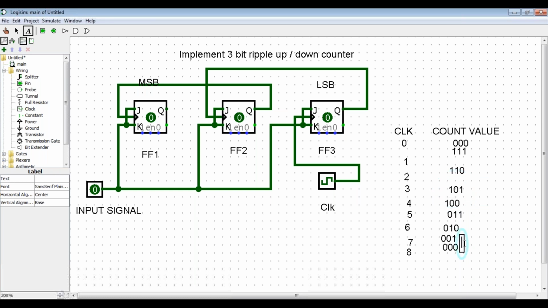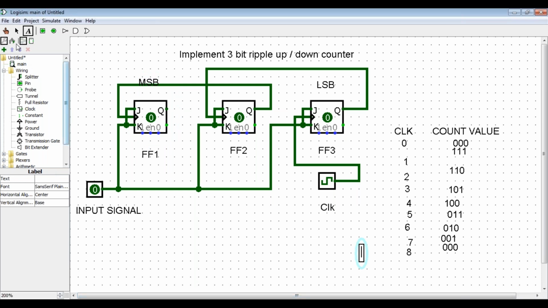So this is like a decrement order, that's why it is called a down counter. So if the flip flop is configured in rising edge, it will work like a down counter. Suppose the flip flop is connected in falling edge, it will work like an up counter. Okay, fine.